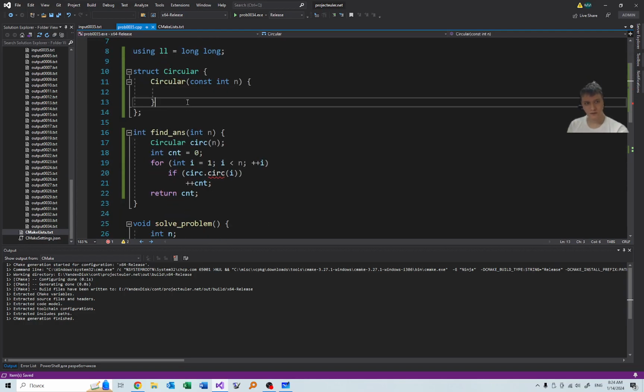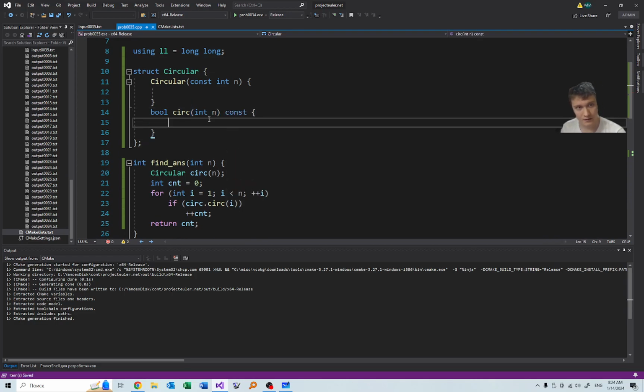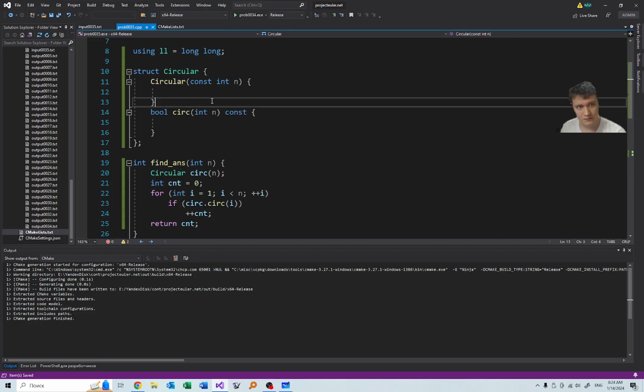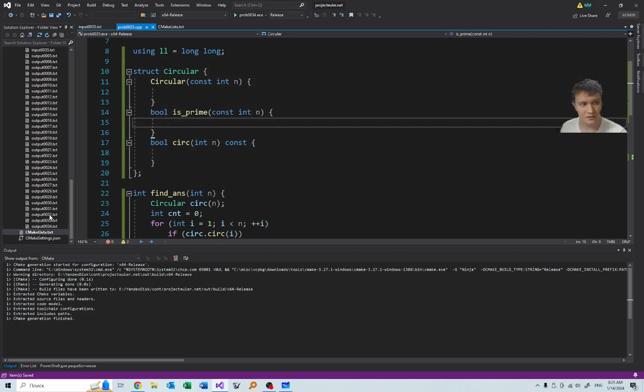How do we do it? We need bool circ(int n) const. Let's make another function, is prime, which is kind of trivial.